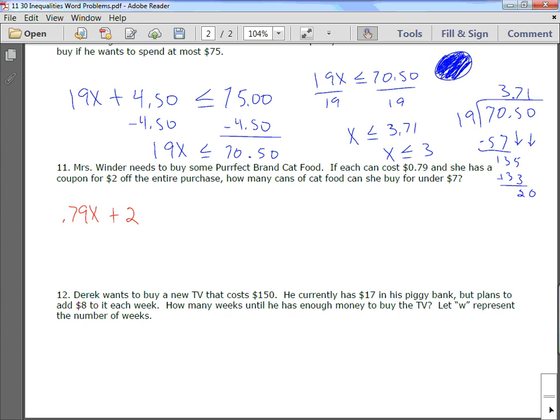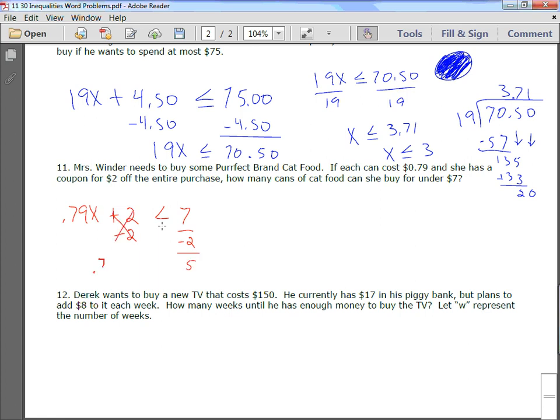Under $7 would be less than 7, not equal to 7. So take 2 from both sides. That equals 5, and I got 0.79x is less than 5.